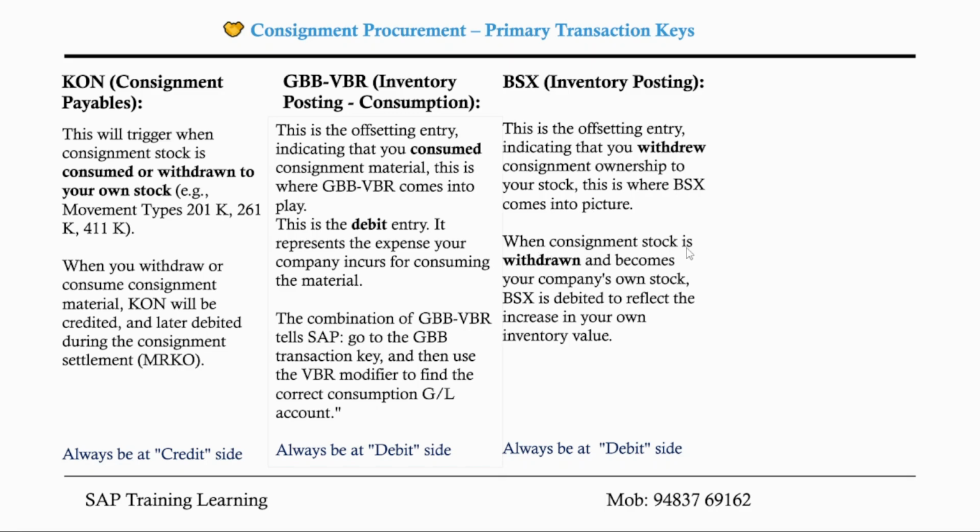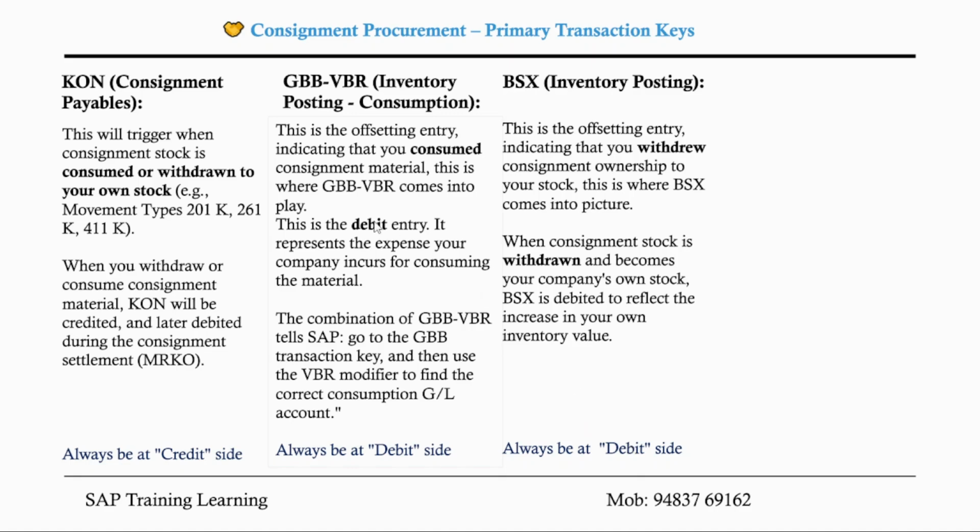When consignment stock is withdrawn and becomes your company's own stock, BSX will be debited. That extra quantity, however much you withdrew to your stock, will be increased to reflect the increase in your own inventory value. This has always been the debit side, right?